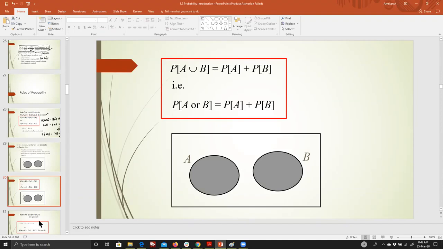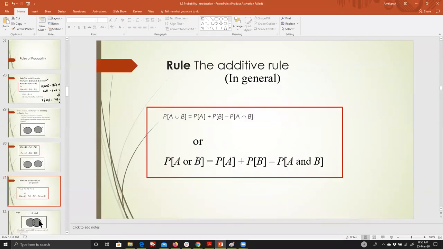Now it will contain all the elements which are contained in A and B. But this is the general rule, so do not forget that was for mutually exclusive, but it is better that you remember this rule. P of A or B, or means union, is nothing but probability of A plus probability of B, minus the intersection.